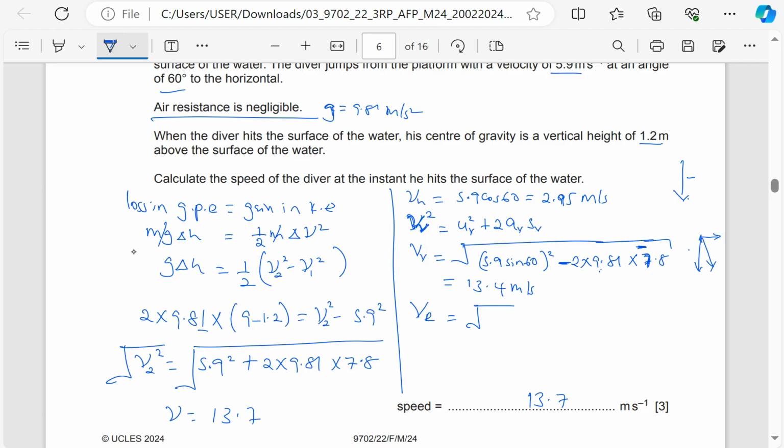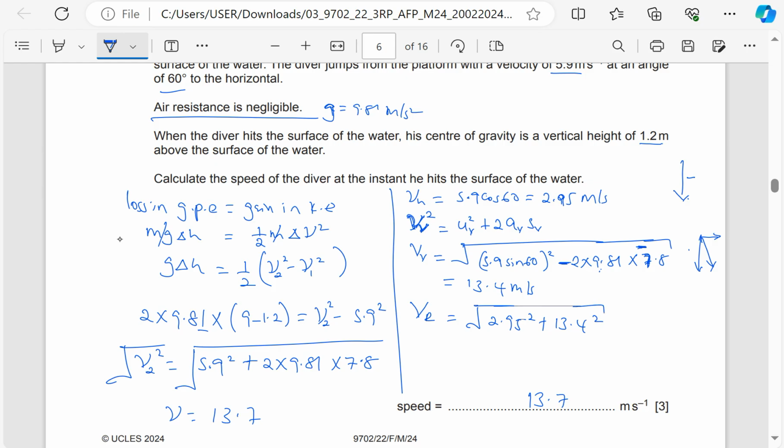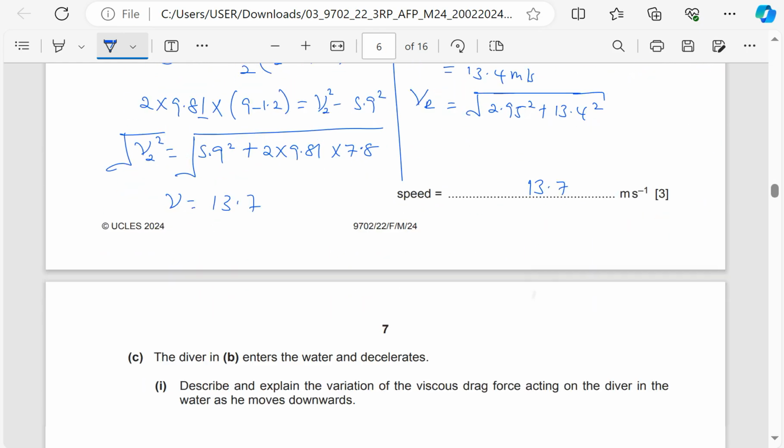So that is going to be the square root of 2.95 squared plus 13.4 squared. So 13.4 squared plus 2.95 squared under the square root. So this is giving me exactly 13.7 meters per second.